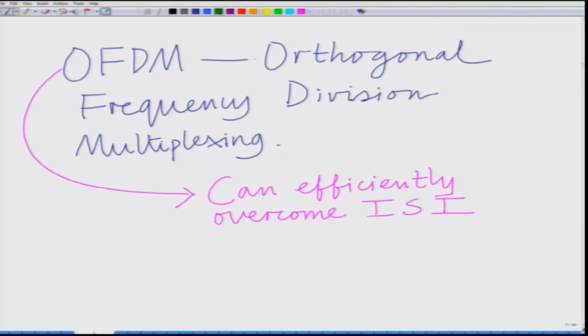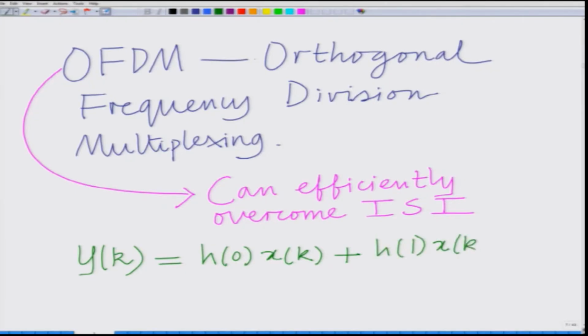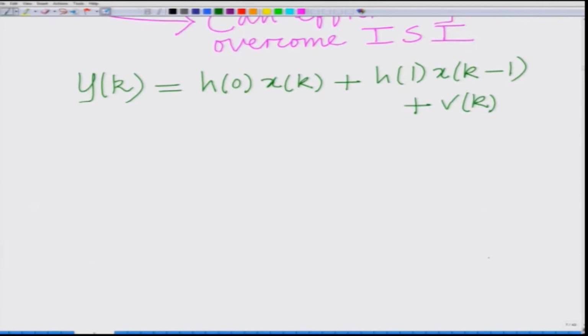For instance, and we have seen this many times before, yk equals h0 xk plus h1 xk minus 1 plus vk. This is our 2-tap ISI channel.